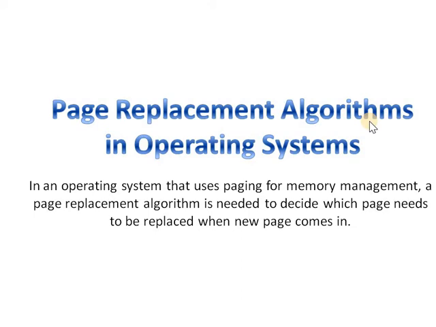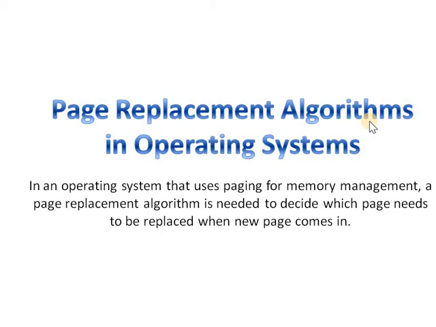There are different page replacement algorithms present in the operating system, and they try to select which page should be replaced so as to minimize the total number of page misses.